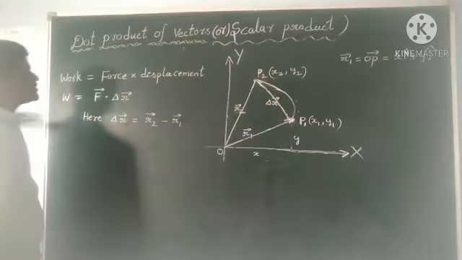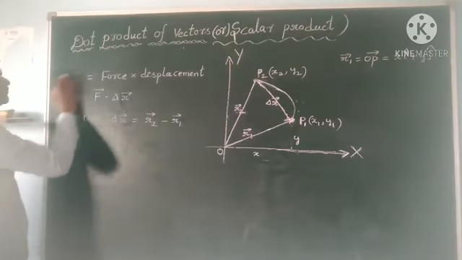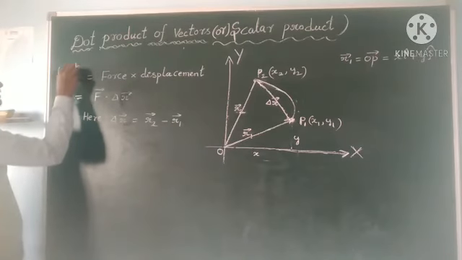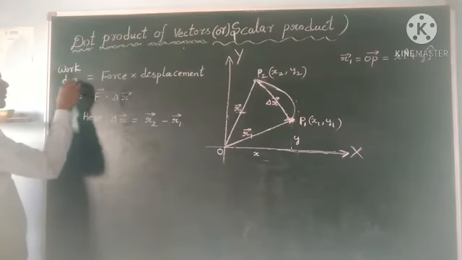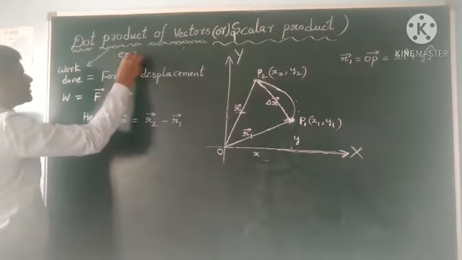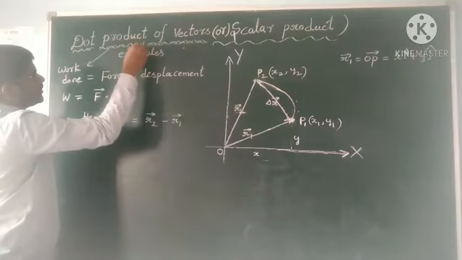Okay students, so dot product examples: work done. In physics terminology, work done is an example of dot product, which is called a physical interpretation.